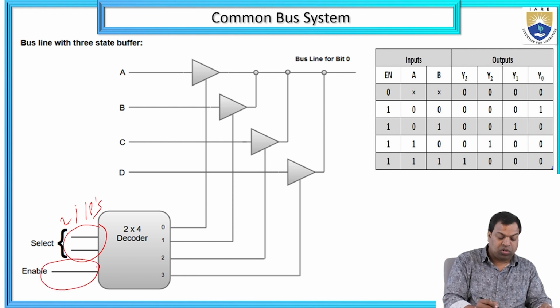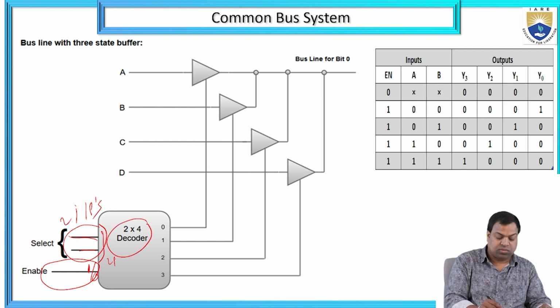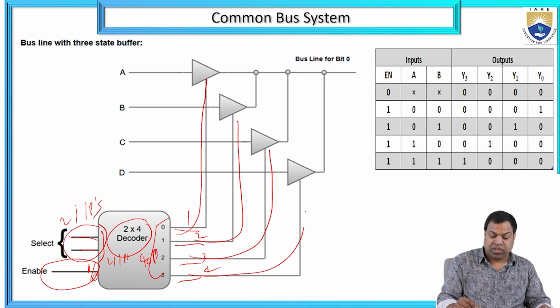There is an enable or a disable: if enable equal to 1, and if it is 0 it is a disable. Two inputs, that is S0, S1. Four outputs are there: 1, 2, 3, 4.